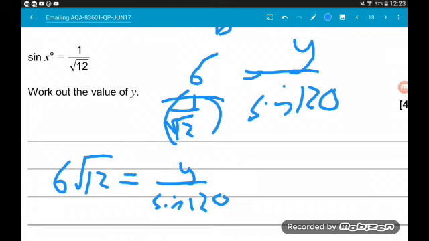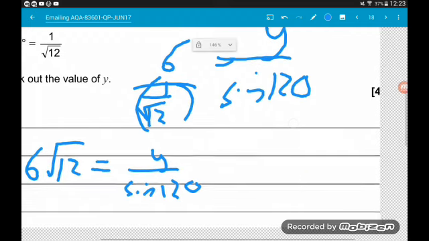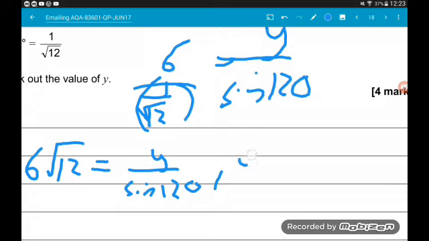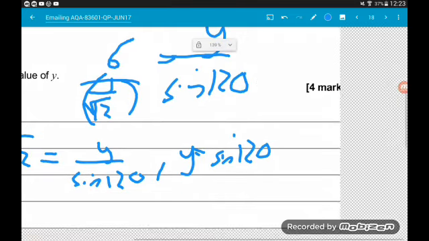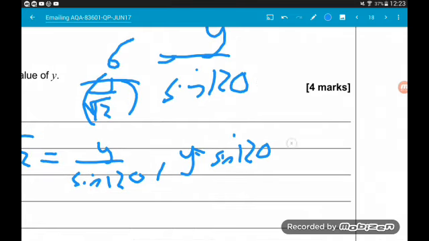So we can get that y is equal to sine 120 times 6 root 12. Even though that is what y is equal to, we should probably sort this out and simplify it. So we've got some more fun with standard trig values.